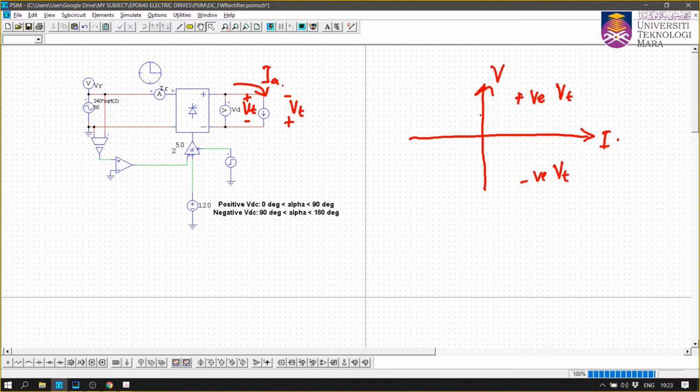That's why it is known as two quadrant operation. So you can operate the conditions whereby you want to be in quadrant 1 or quadrant 2. And this is known as forward motoring. This is reverse braking.